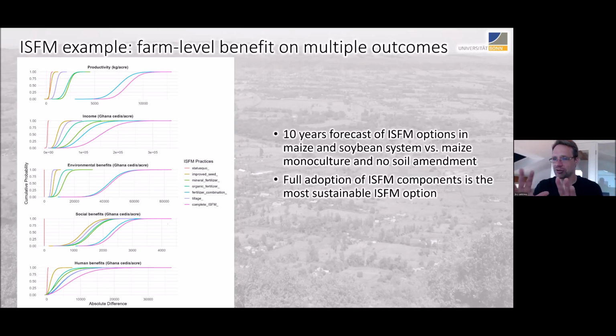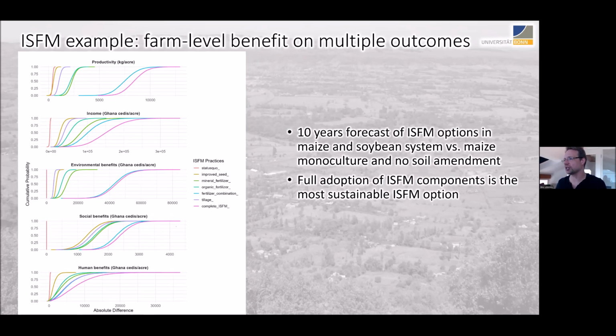But based on this analysis, we could now be quite confident in recommending to an extension service that this is a good idea to promote. We may have done this already before, but if we're really honest, as scientists working on ISFM, we very readily accepted that this is environmentally great and that you can have higher yields, but sometimes we would still have some uncertainty about the labor demands or the inputs or the actual yield benefits.